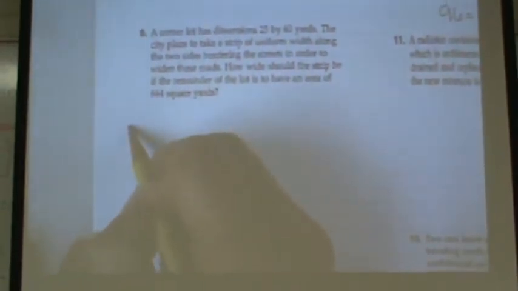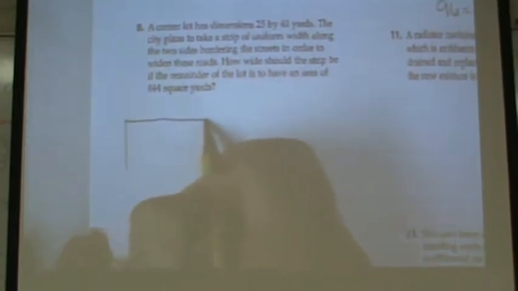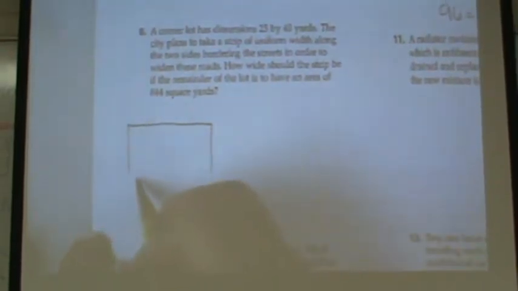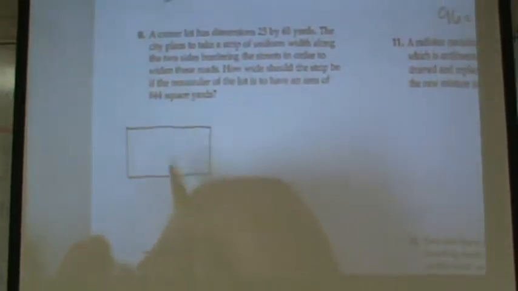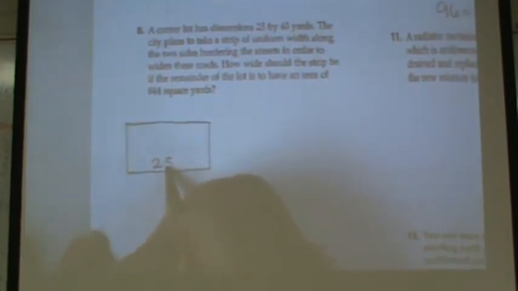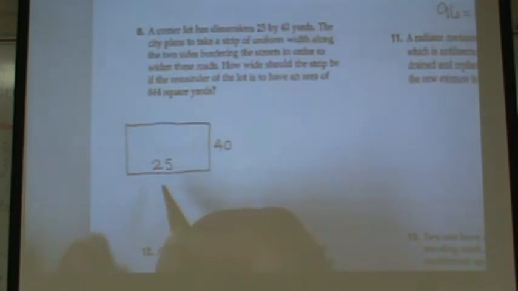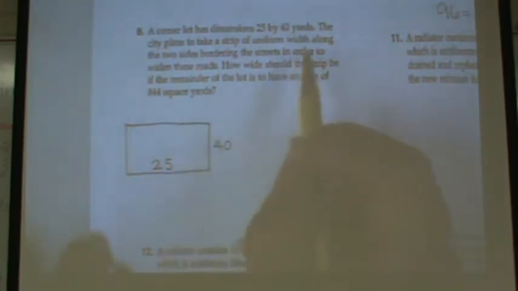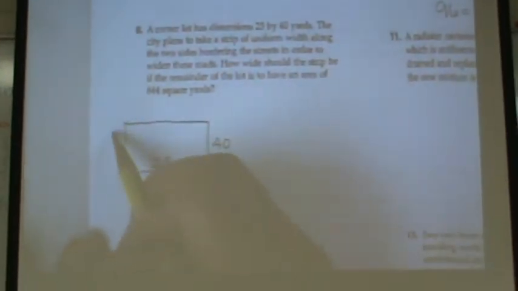Number 8, it says a corner lot has dimensions of 25 by 40 yards. So here's our lot, and it is 25 by 40. The city plans to take a strip of uniform width along just two of the sides.